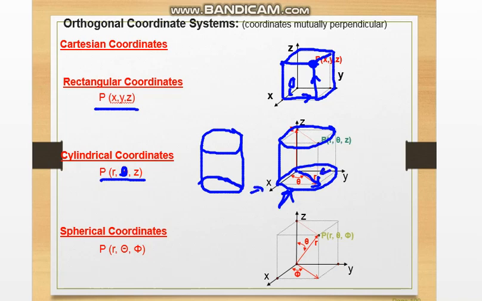R means the radius of the circle in the cylinder. Here you can see there are two circles, an upper side and a lower side, both of the same diameter. So you have to find the center. The radius is the same, and there is an x-axis. The angle between the x-axis and the radius is theta, and the height of the cylinder corresponds to the z-axis, z. So you can see the cylindrical coordinate system.